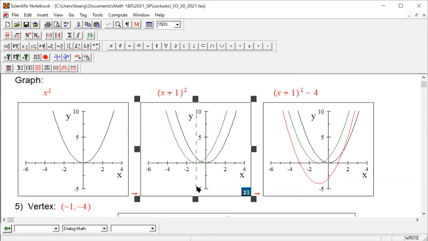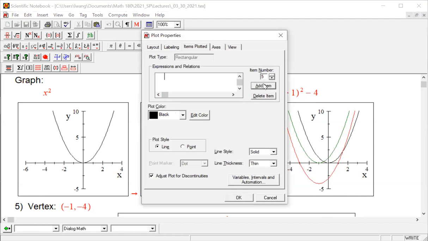This line of symmetry is the line of symmetry for x plus 1 squared. But the next step we did is we shifted down by 4 units. So the line of symmetry still stays the same.